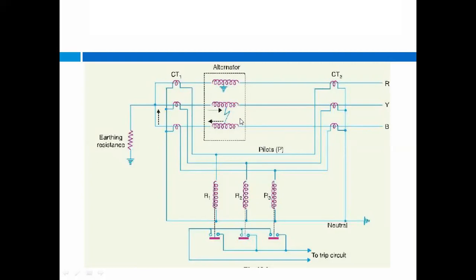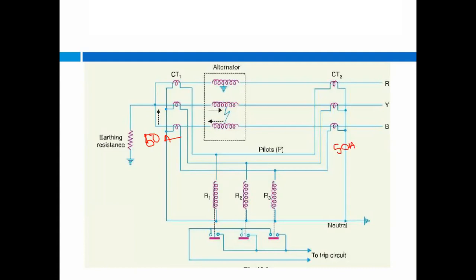If there is any fault, there will be a difference between these two currents. I'm just taking an example. Suppose this primary current is 50 ampere. If there is no fault, the same current should flow through the CT secondary also.